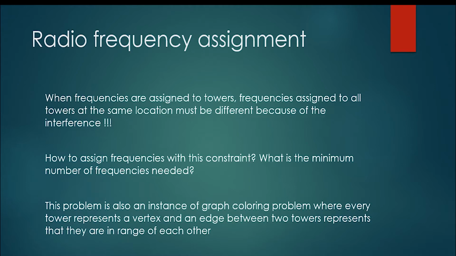It can be very important as far as engineering concepts are concerned, so it's a very important application too. This problem is also an instance of the graph coloring problem where every tower represents a vertex and an edge between 2 towers represents that they are in range of each other.